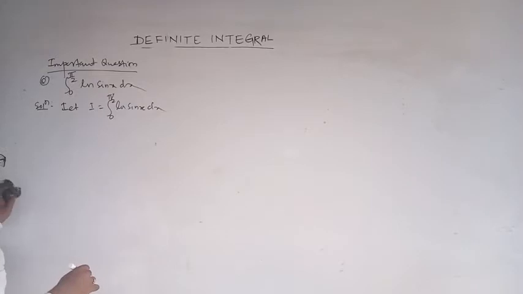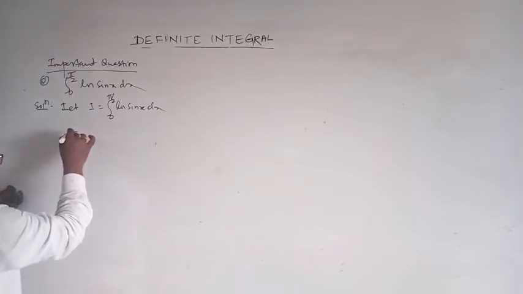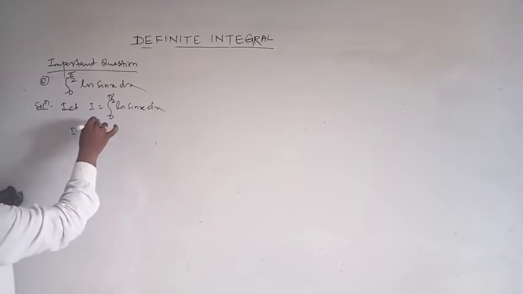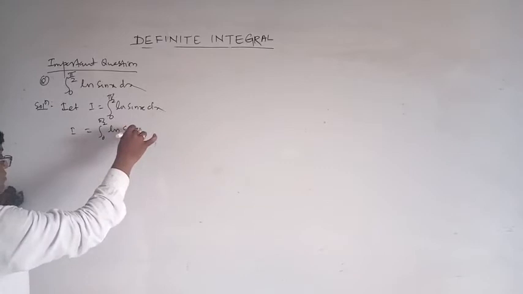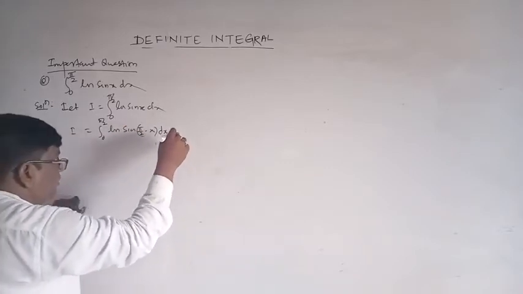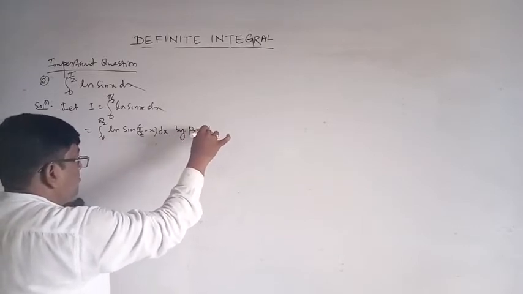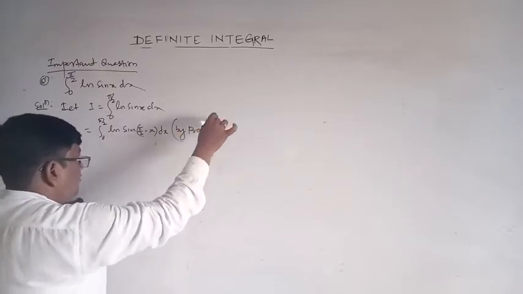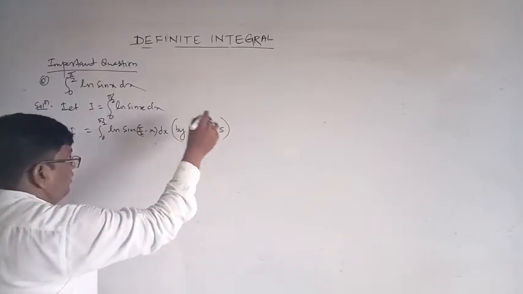Now apply property number 5. That is, I is equal to the integral from 0 to pi by 2 of log sin of a minus x, meaning pi by 2 minus x, dx, by property 5.